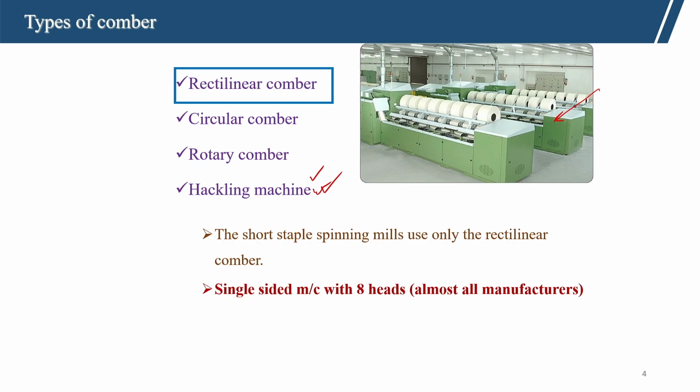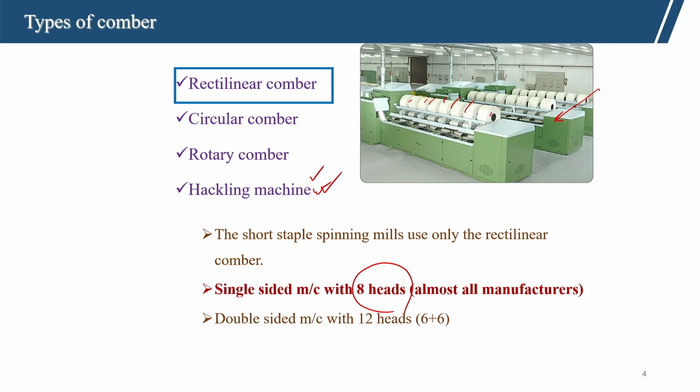Single sided machines, almost all the manufacturers, produce with 8 heads. That means 8 laps, comber feed laps, are used at the back side, and there will be 8 different combing heads, and finally it produces a single delivery or double delivery sliver.